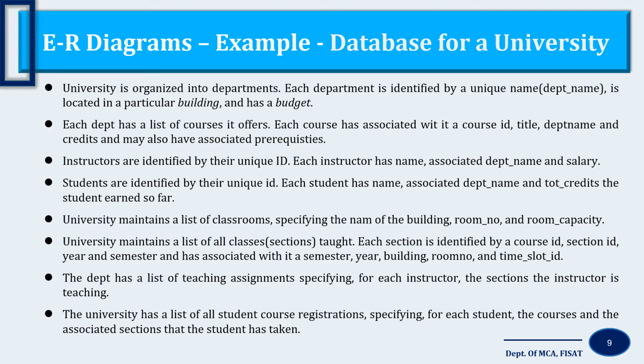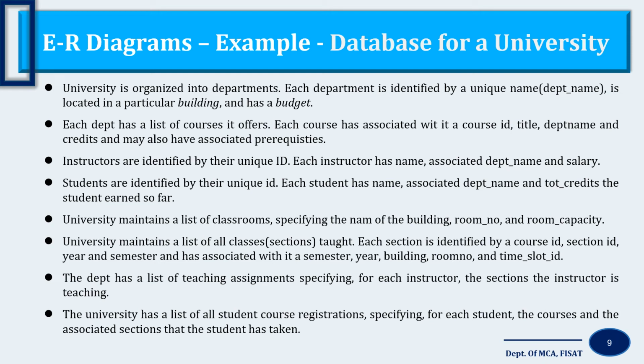Then the next point is that instructors are identified by their unique ID and each instructor has a name, the associated department name and salary. So we identified another entity called instructor, and the attributes are the instructor ID, the name of the instructor, the associated department name and the salary.